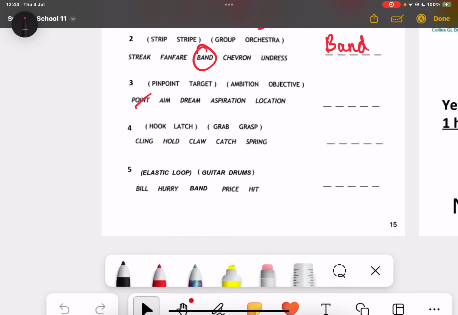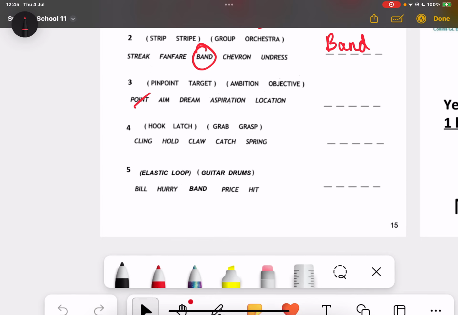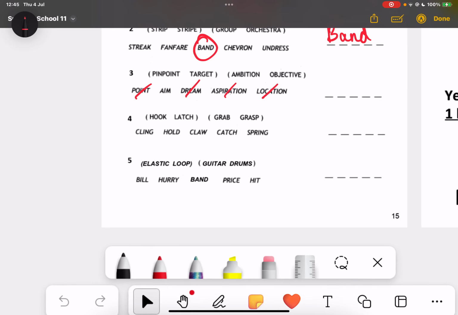Although point would go well with pinpoint and target, it wouldn't go well with ambition and objective. So aim would go well, because it has a double meaning for both. Not dream or aspiration, because those only fit with ambition and objective. Location, no. So the answer for this one is A.